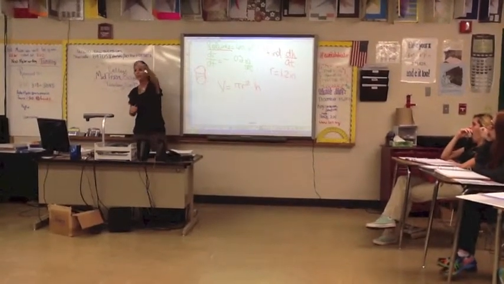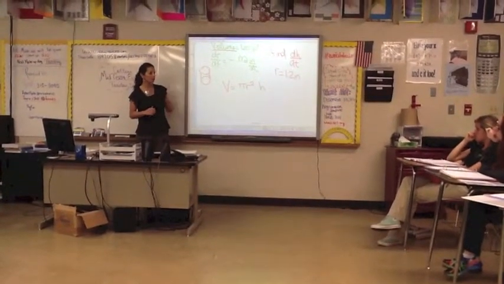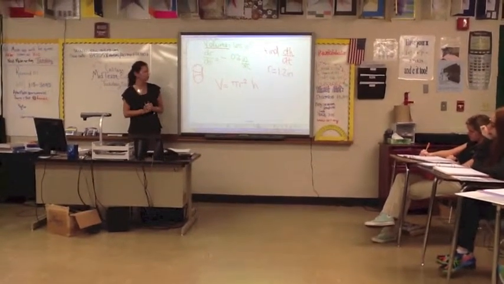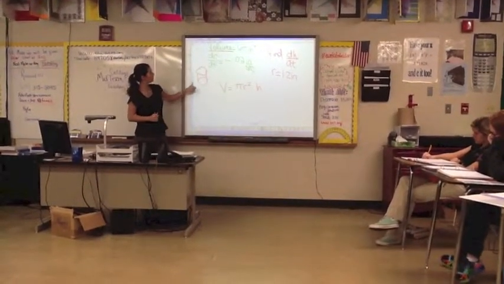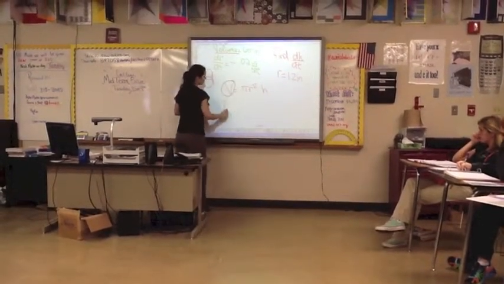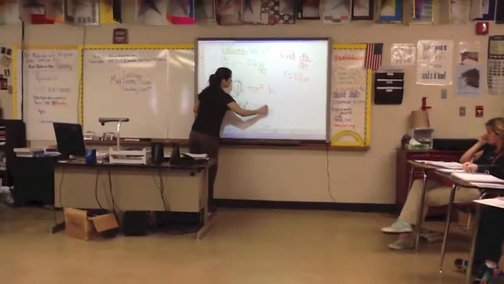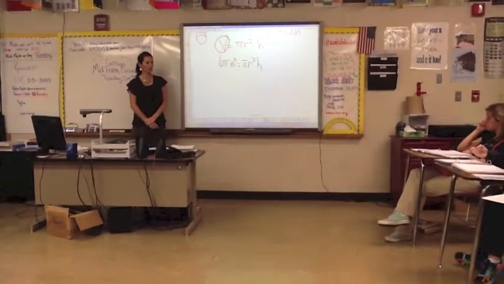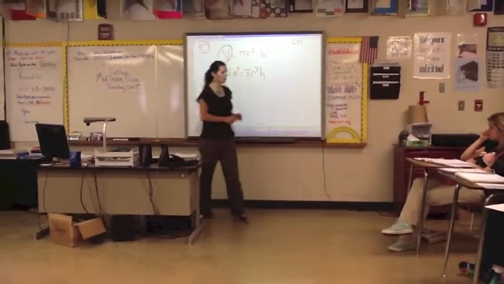It never changes. That's what allows you to make that substitution from the very beginning of this problem. So right here, substitute in the actual volume, which is 6 pi inches cubed. That's your formula.